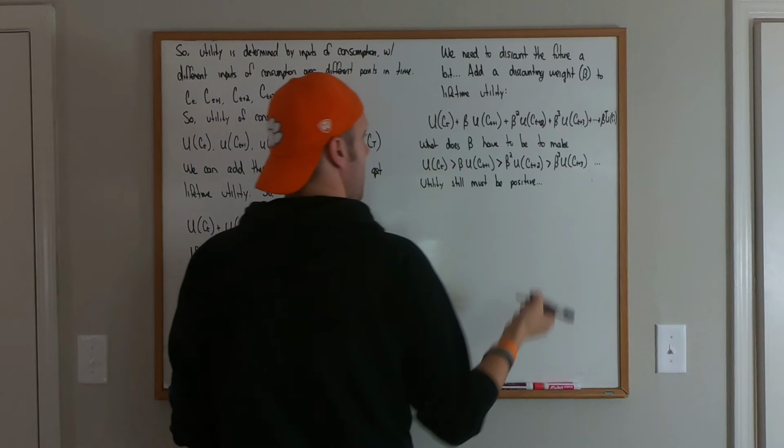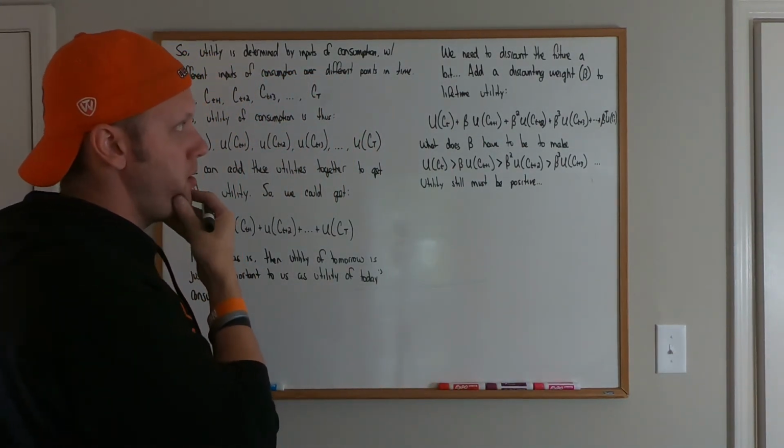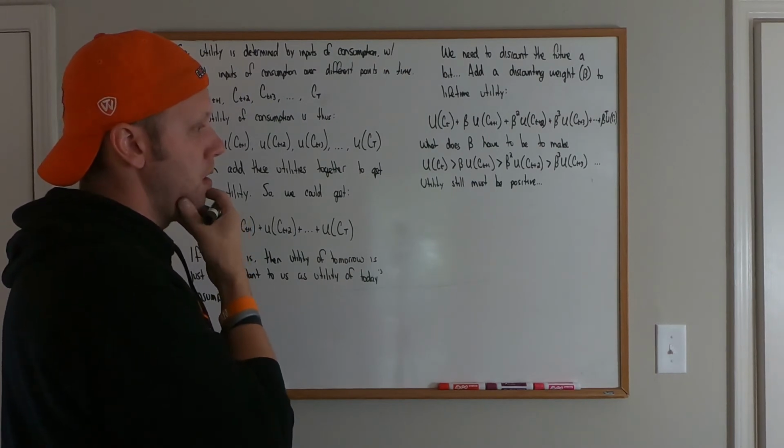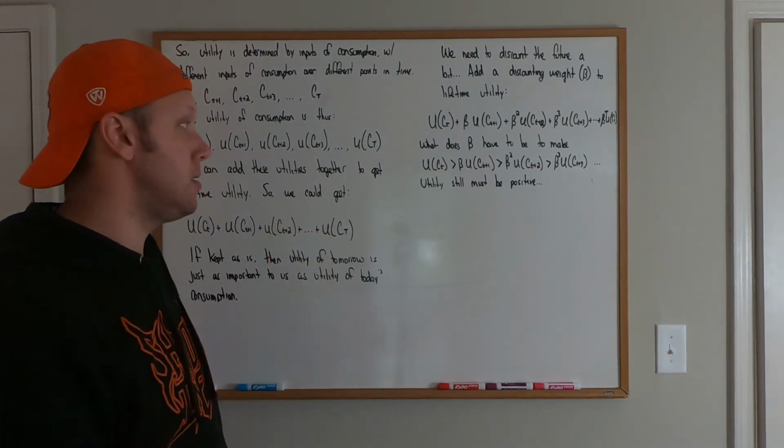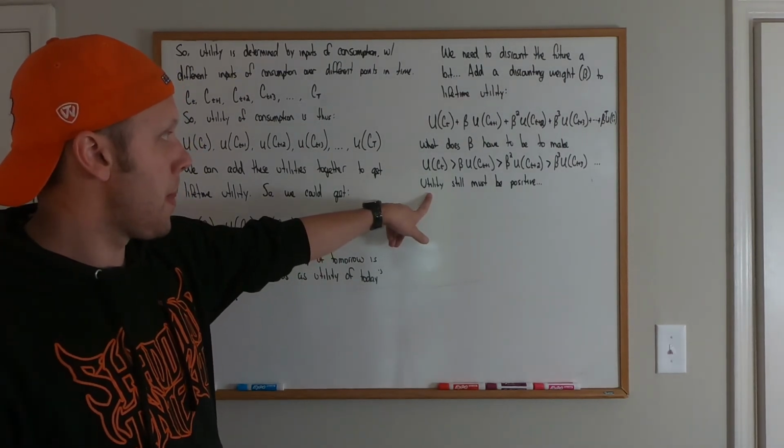So if utility's still got to be positive, that's got an interesting little thing added to it. Beta can't be negative, beta can't be less than 0, because if it is, utility isn't positive anymore.